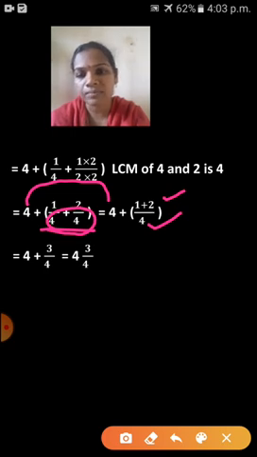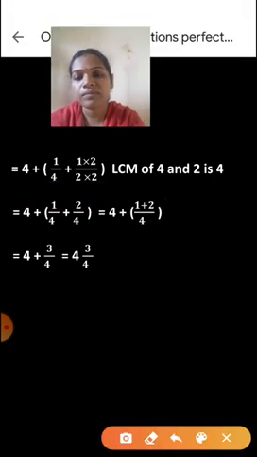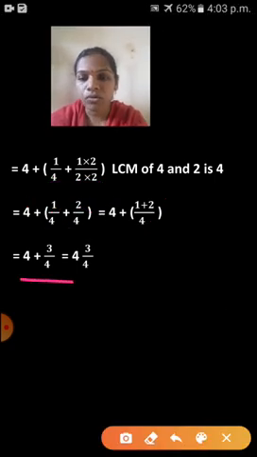So 1 plus 2 upon 4. Afterwards, the next step is 4 plus 1 plus 2, that is 3. So 3 upon 4. So we have 4 as the whole number and a proper fraction.